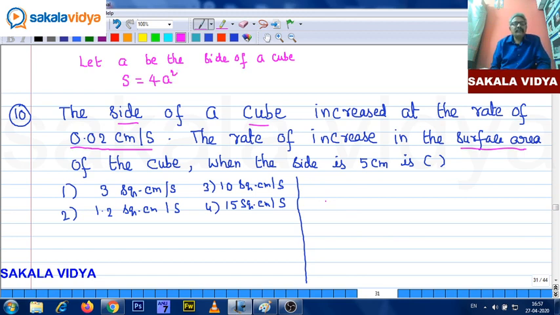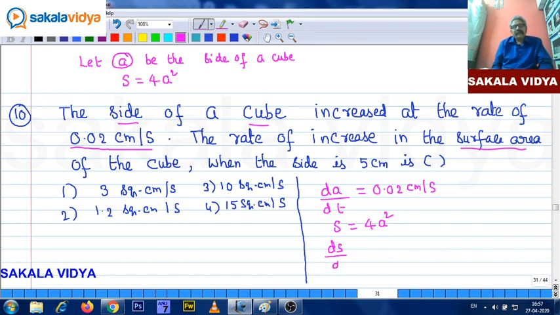Okay. What is given here? The rate of change of side is given, that means rate of change of small a is given, that means da by dt equals 0.02 centimeter per second. Surface area of a cube is given by 4 sides, 4 a square, area of the 4 faces, ds by dt. ds by dt is equal to, if you differentiate it, 4 into a square differentiation 2a and da by dt.